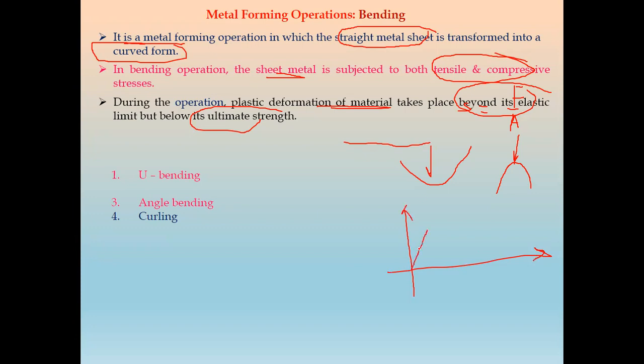This is the proportional limit, then this is Young's, and this is your ultimate strength. Here the yielding process starts. Above the yield point and below the ultimate point, there is a plastic region. So the material is stressed beyond this yield point or elastic limit, but below the ultimate strength.